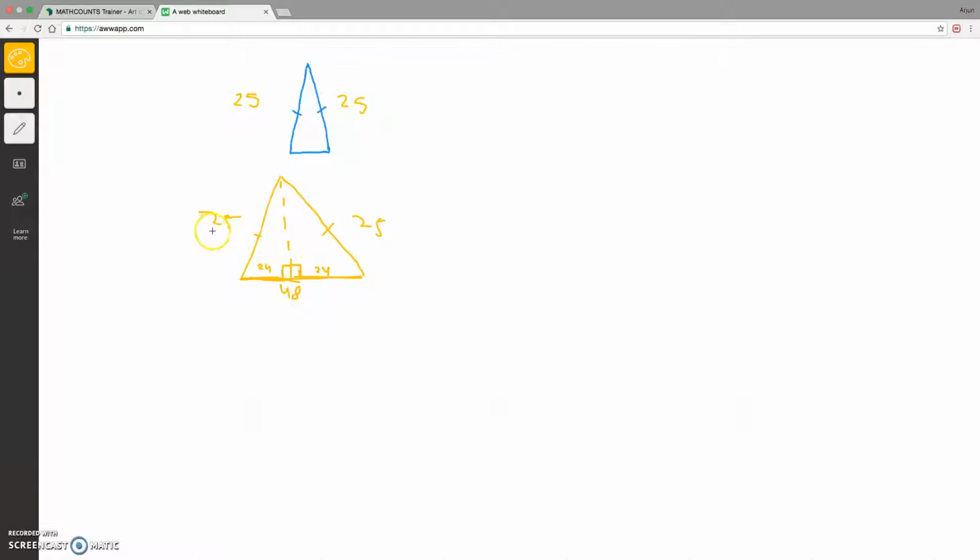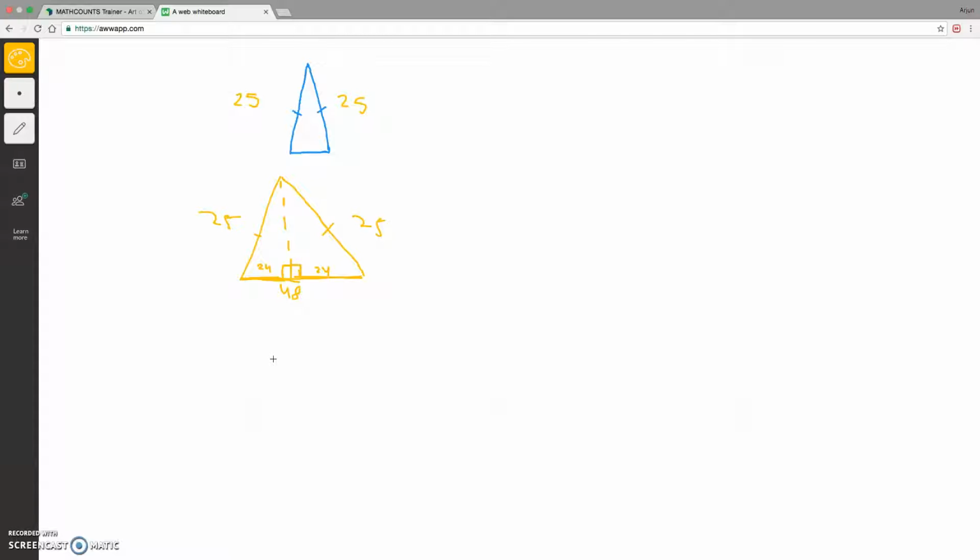So we have 25, 24, and 25, 24. So we can just reverse engineer the Pythagorean theorem. C squared equals A squared plus B squared. We know that C squared is 625, and B squared is 24 squared.